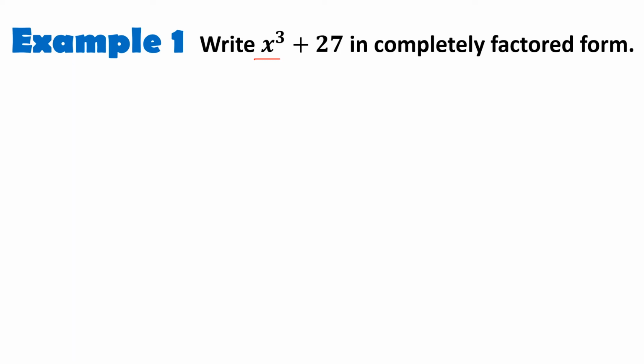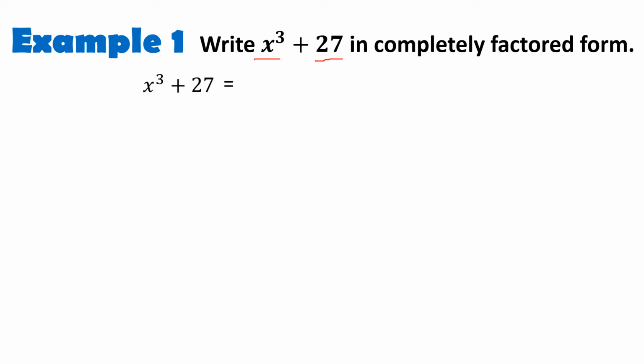Therefore, x cubed is a perfect cube. Then, 27 is a perfect cube because it can be expressed as 3 times 3 times 3 or 3 raised to 3. So we can proceed with factoring the sum of two cubes.